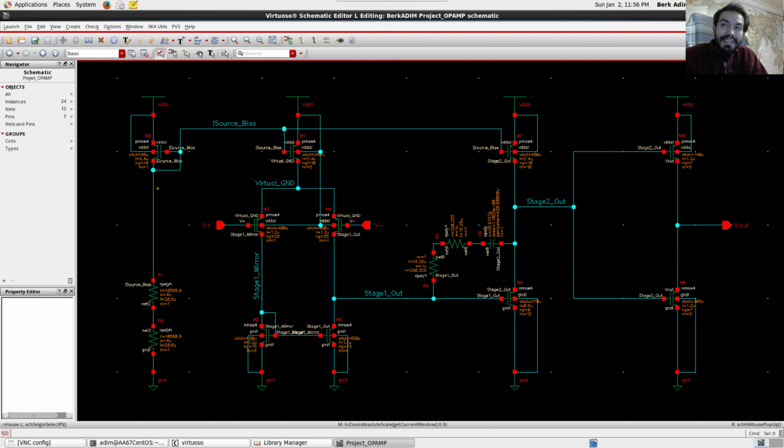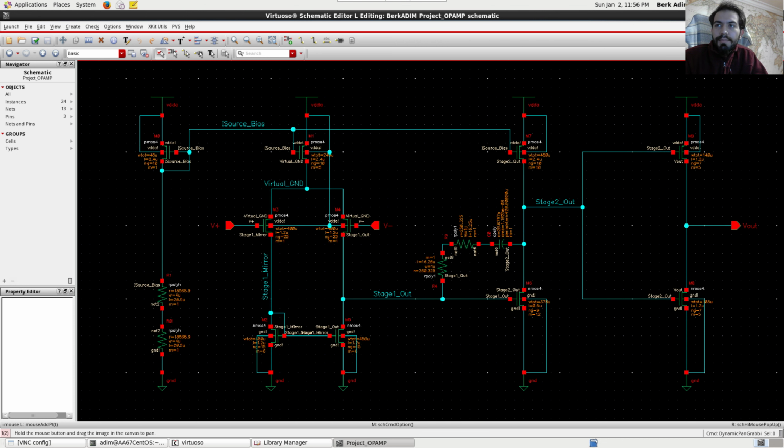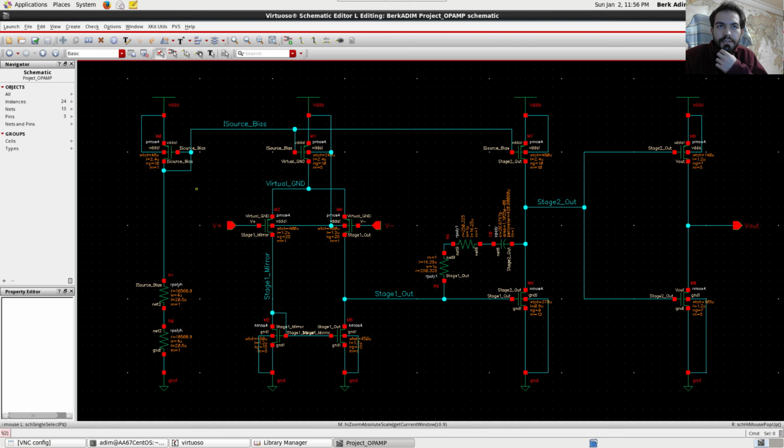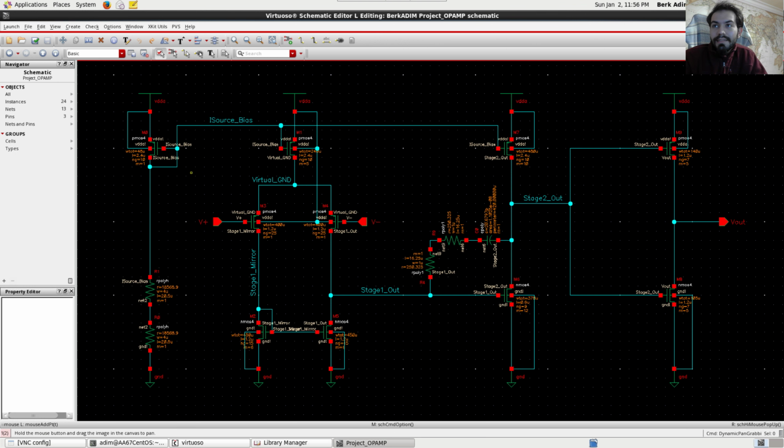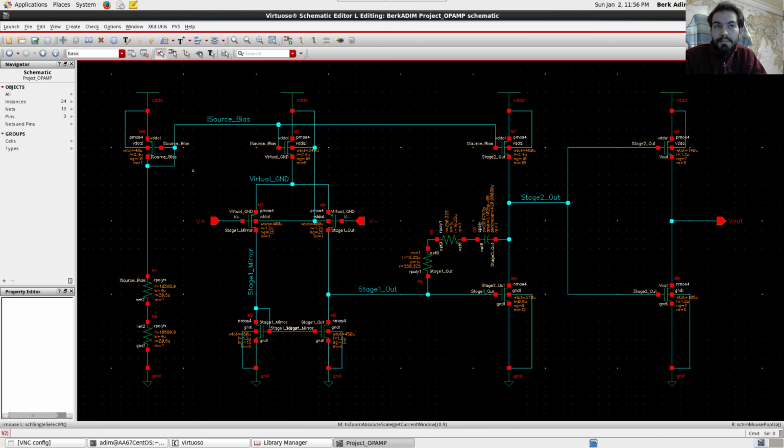Well, we could have used a more complex biasing circuit like a constant current source biasing, but for our design considerations, this was actually better and more flexible. And well, it is actually simpler, and simplicity can be a nice advantage, and sometimes even a resilient advantage in our design.